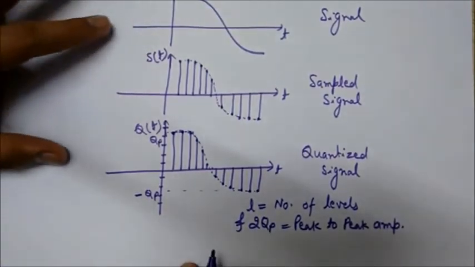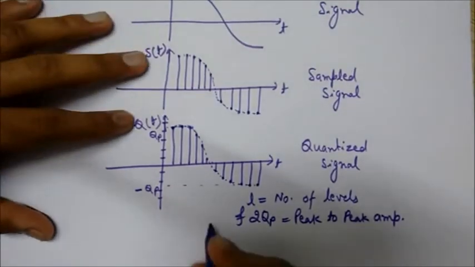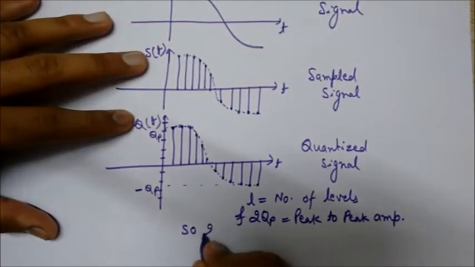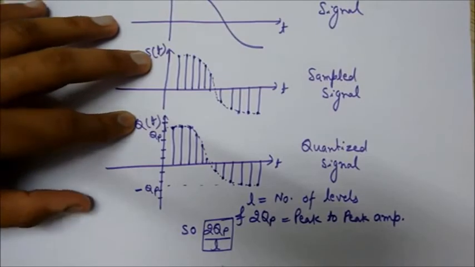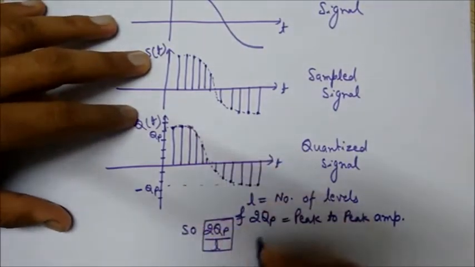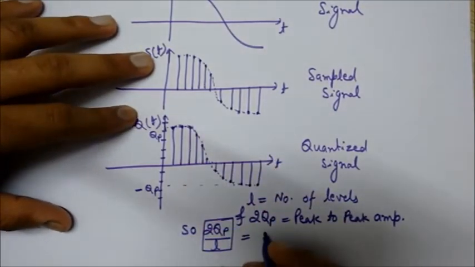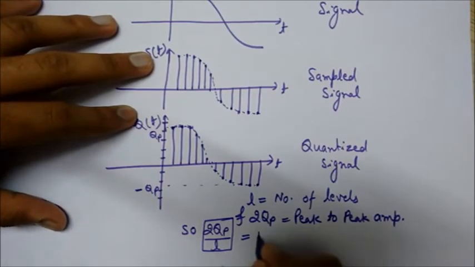So 2 times QP divided by L will be the magnitude of each level.